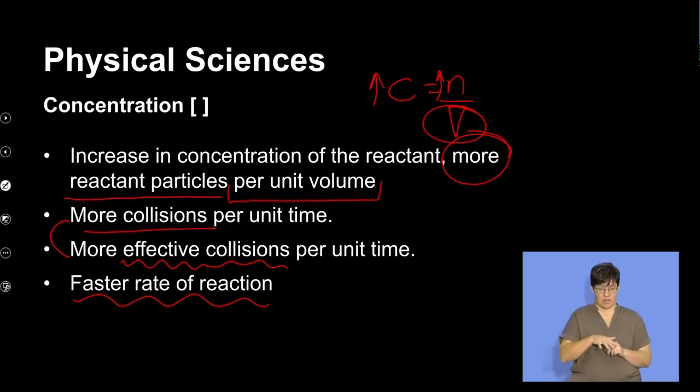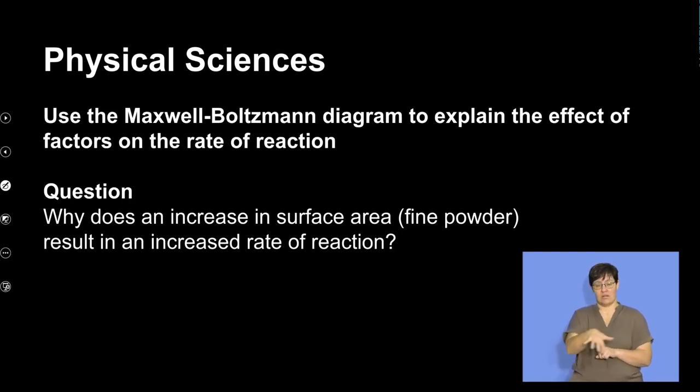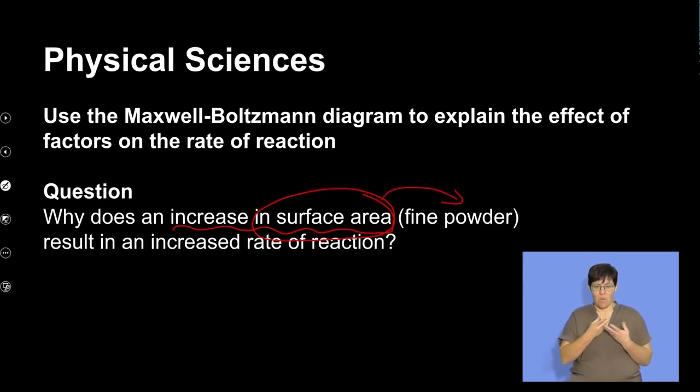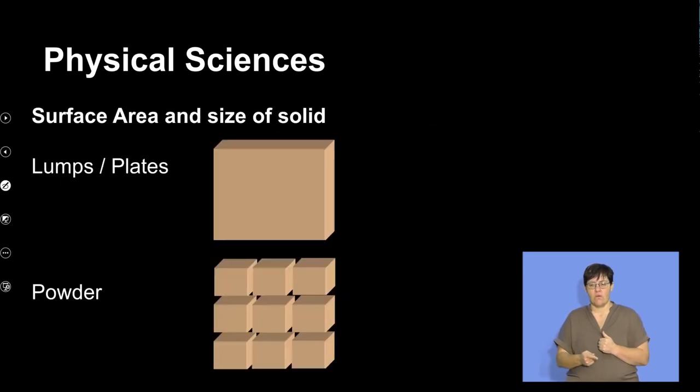Why does an increase in surface area, and I want to remind you again that an increase in surface area means finer powder, not chunks, more powder, result in an increase in the rate of the reaction?